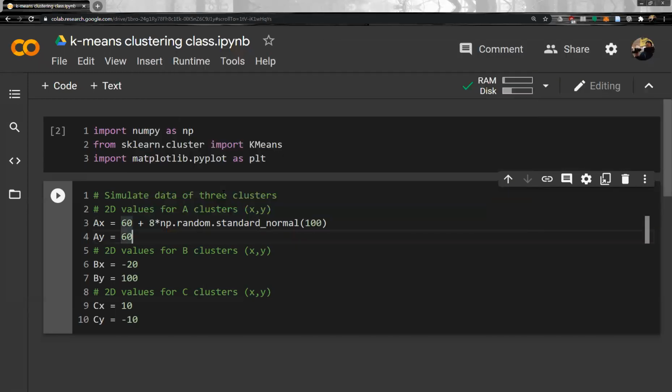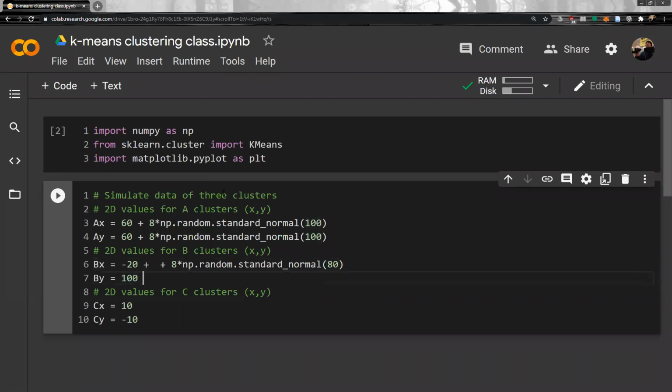Okay, 100 values. So we are basically generating 100 data points for the A cluster. And then the B cluster similarly.